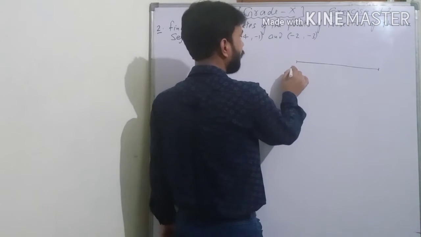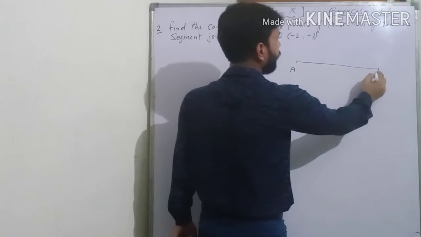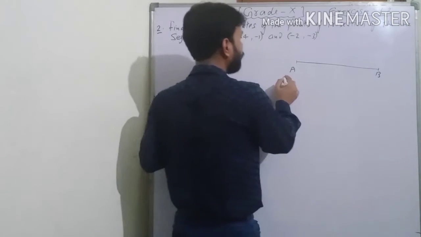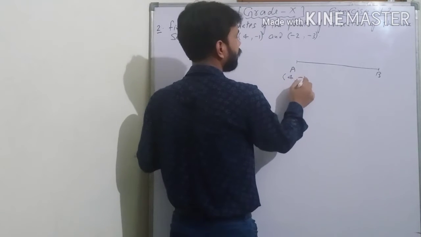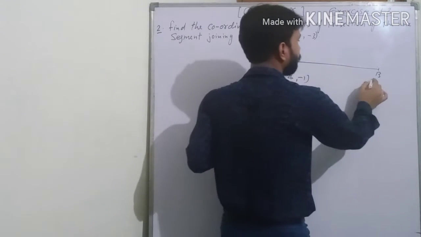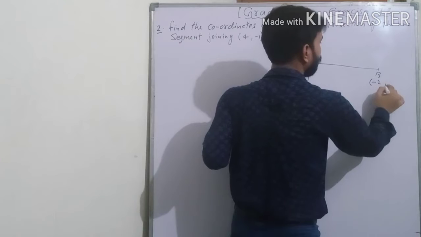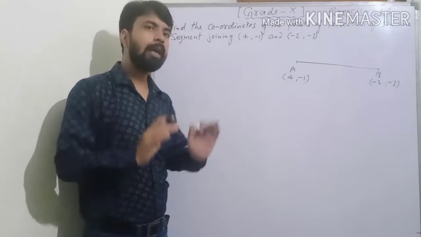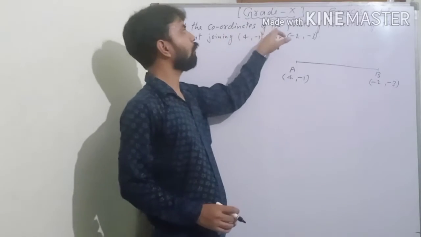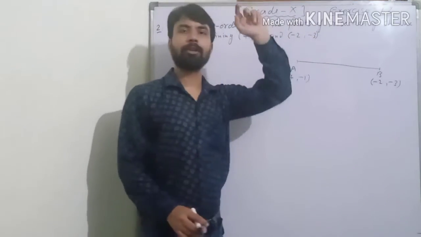Consider this is a line segment joining the points A and B. Coordinates of A are 4, -1 and coordinates of B are -2, -3. This is given. We have to find the coordinates of the points of trisection.